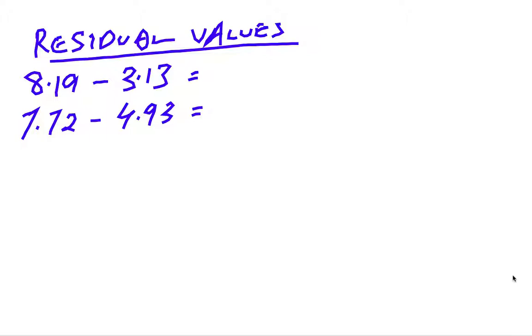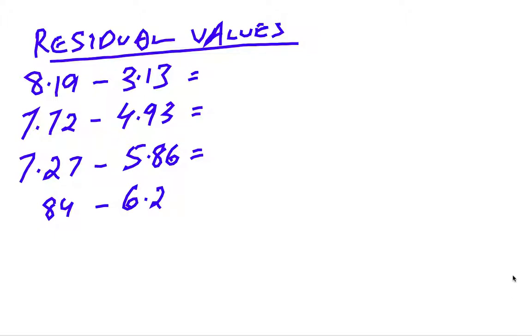Then the third extrapolated value, 7.27, minus 5.86. And the last extrapolated value, which is 6.84, minus 6.25. So we get the residuals that way.